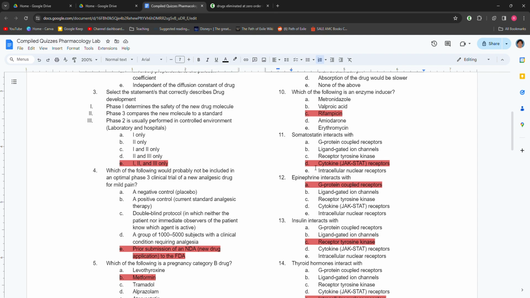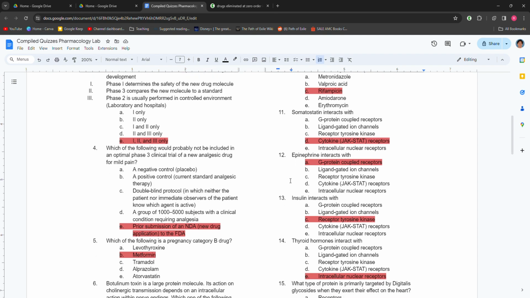So what's unique here is that growth hormone as well as somatostatin together with the interleukins, they utilize this form of secondary messenger system, the JAK-STAT system. Epinephrine interacts with GPCRs, particularly the GS subtype of protein, which increases the activity of protein kinase A by increasing the levels of cyclic adenosine monophosphate.